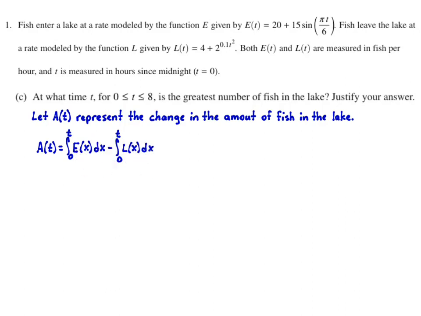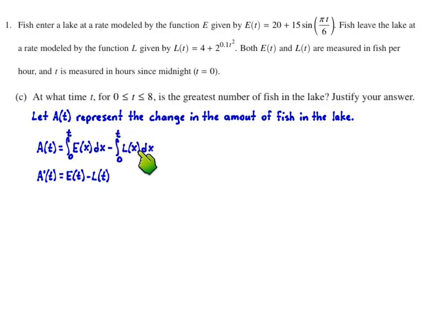So the amount in minus the amount out gives us the overall change in the amount. So now to find the maximum number of fish, I need to take the derivative of the amount function. So when I take this derivative, it's going to say A prime of t, and then the derivative of the integral, this is the fundamental theorem of calculus, remember, you're going to plug in the upper bound, so you get E of t, times the derivative of the upper bound, which is 1, minus, plug in the lower bound, so E of 0, times the derivative of 0, which is 0, so that all goes away, so you're left with just E of t for the derivative.